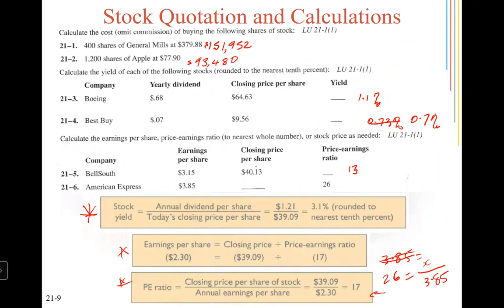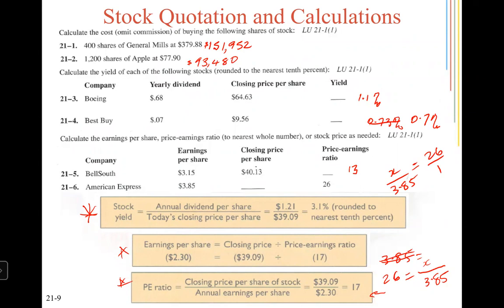Multiply. Okay, so we say X over 3.85 equals 26 over 1. So what are you going to multiply? You said multiply, but what are we multiplying?